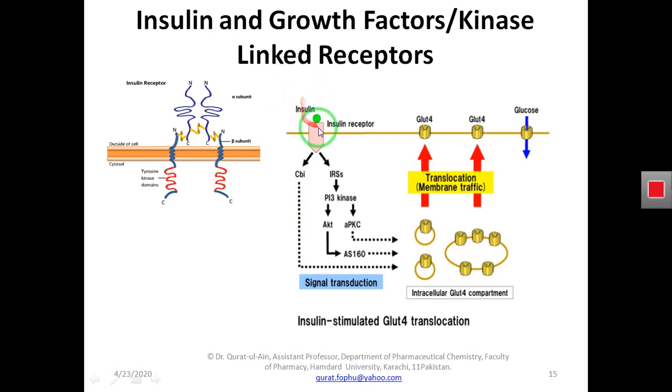When insulin binds with the insulin receptor, what happens then is that this receptor activates various downstream enzymes, and when these downstream enzymes are activated, they activate the intracellular glucose transporters, and these intracellular glucose transporters are transported towards the cell membrane of the cell. Then when these transporters come on the cell membrane, glucose binds with these transporters and is transported inside the cell.